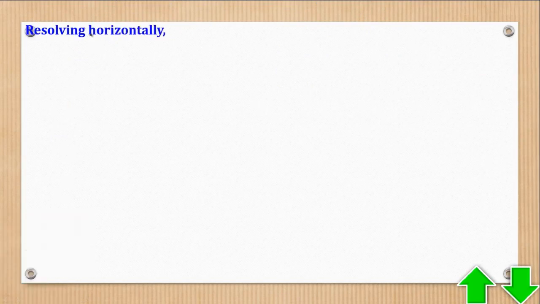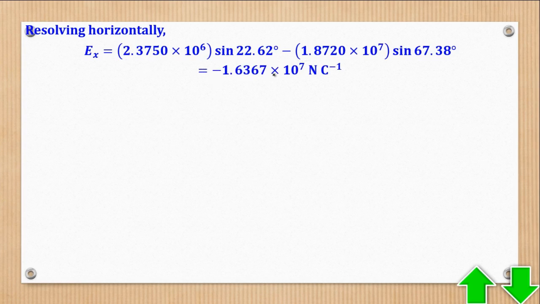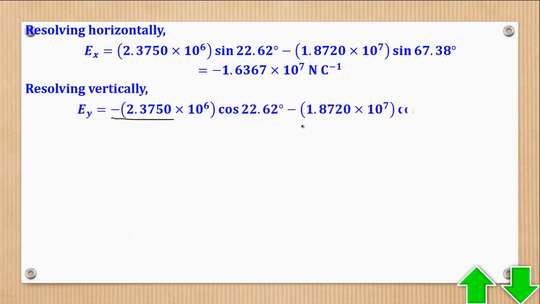So resolving horizontally, we shall come up with this minus this to give you that. Then vertically, all are downward, so there will be negative, negative to give you a negative value.